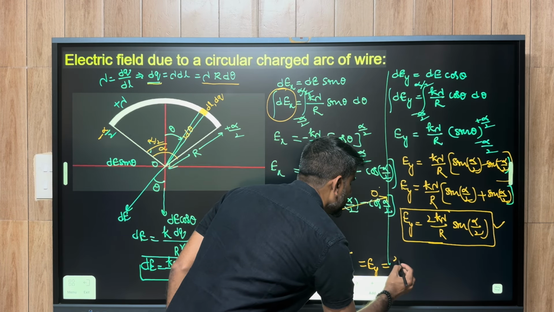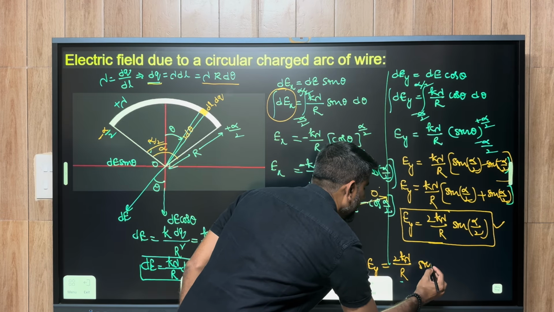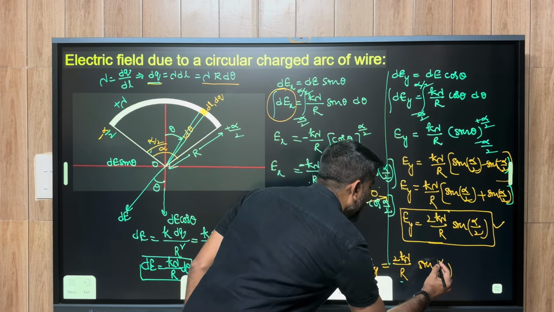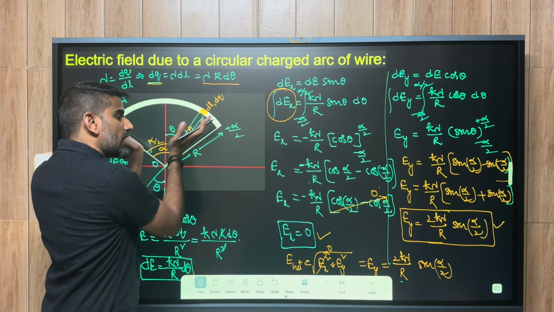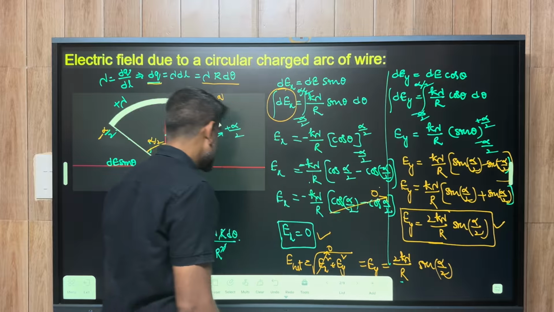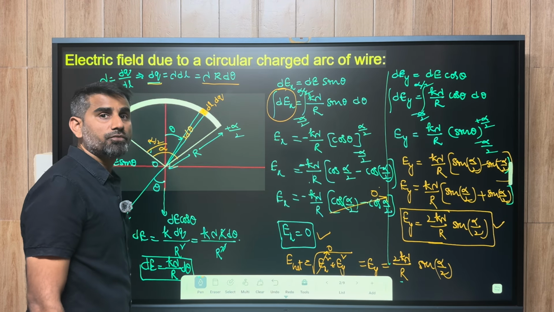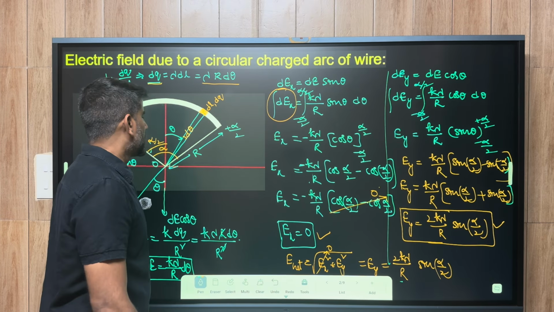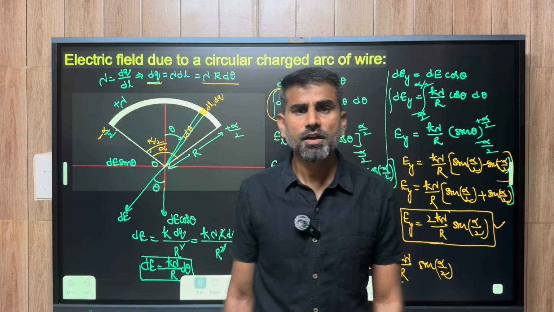So Ey is 2k lambda by r into sin alpha by 2, where alpha is the angle extended by the arc. So this is the general equation for the electric field of a circular arc.